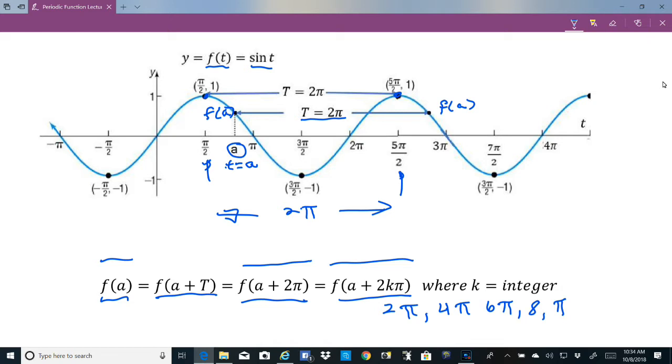And in general, if a function is periodic, f of a equals f of a plus T, which is equal to f of a plus k times T, where k is an integer.